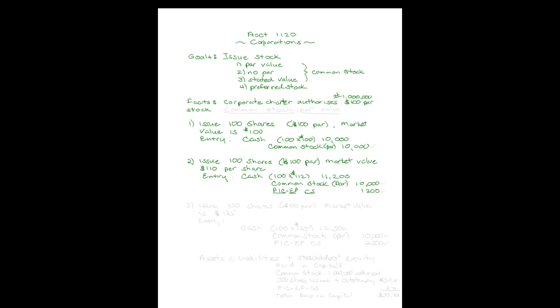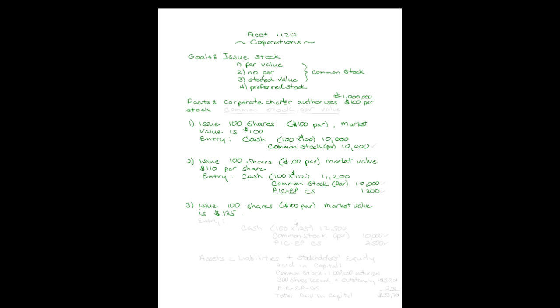Now, let's do a third entry, but let's have you do this one and see if you get how to do it. We're still going to issue 100 shares, because that's nice and easy to do. And it's our $100 par value stock. But now we're going to have a market value associated with these that we're able to sell it at. That is $125 a share.